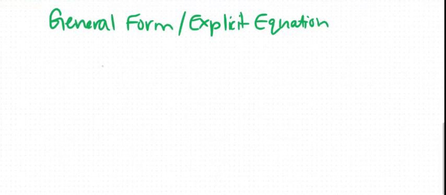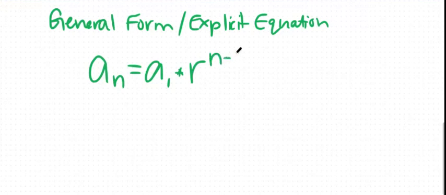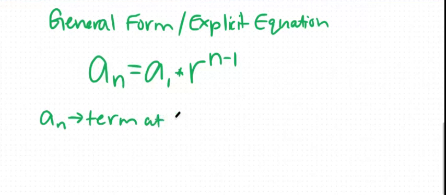And the general form or explicit equation for a geometric sequence is a sub n is equal to a sub 1 times the ratio to the n minus 1 power. Well, what do all these pieces mean? A sub n means the term at the spot n. Same thing it meant before.